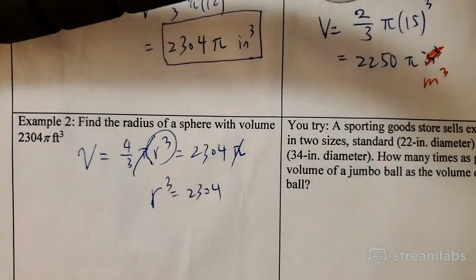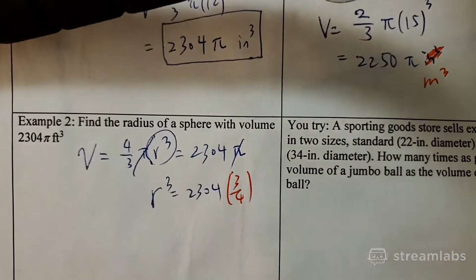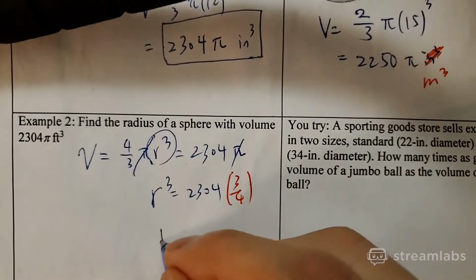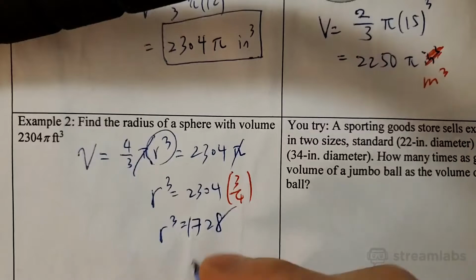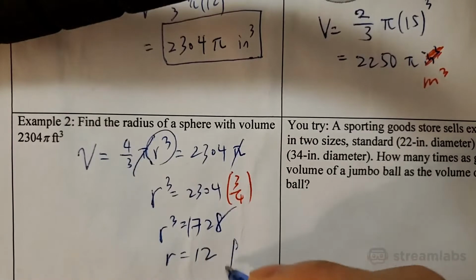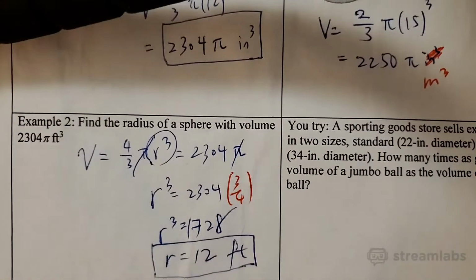So again, times 3/4. Right? So you're going to end up with 1728. So r is 12, which is in meters because we're talking length, right? Because it's the same number, it happens to be the same radius as example 1. Okay?